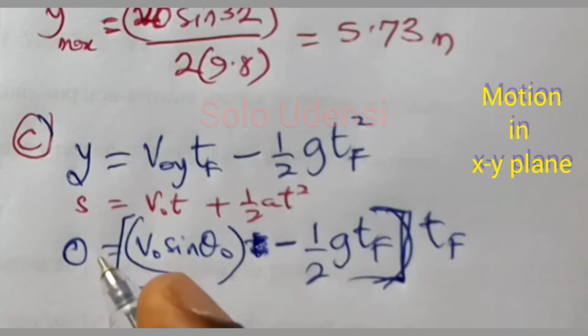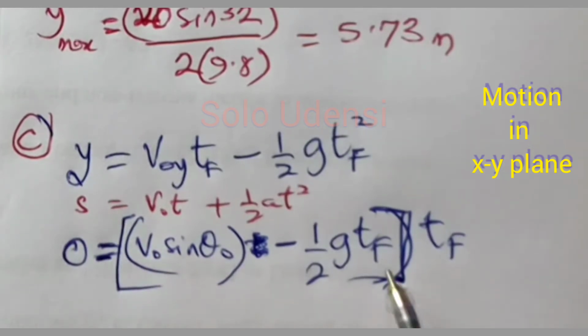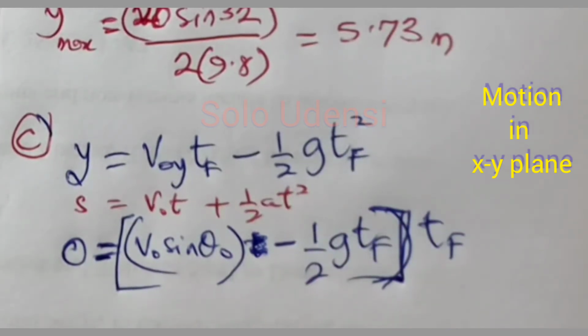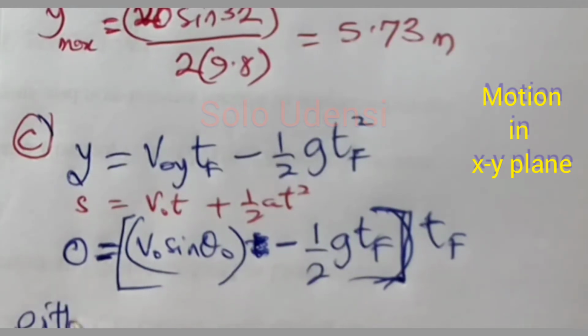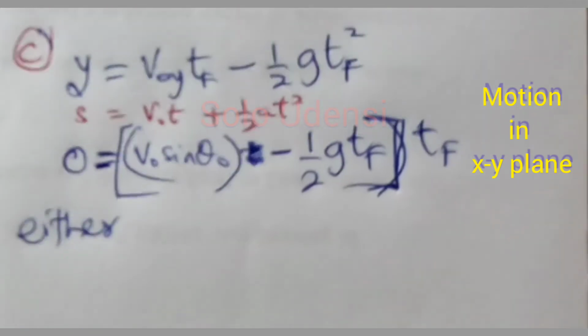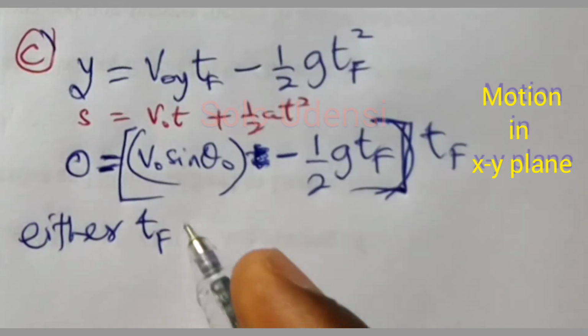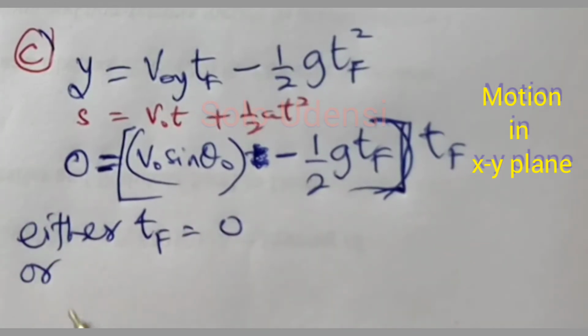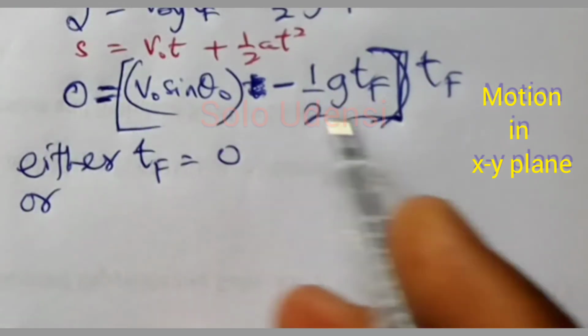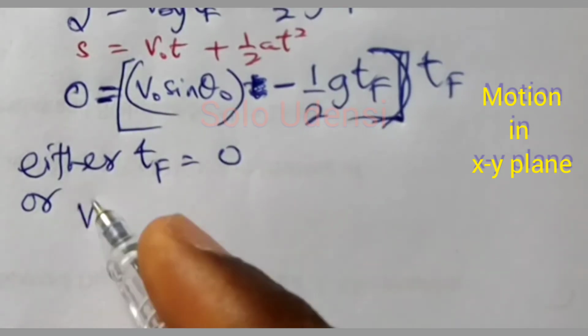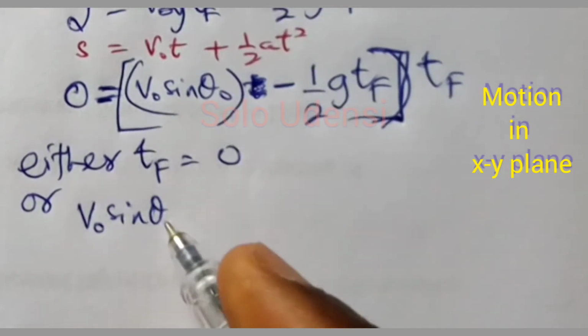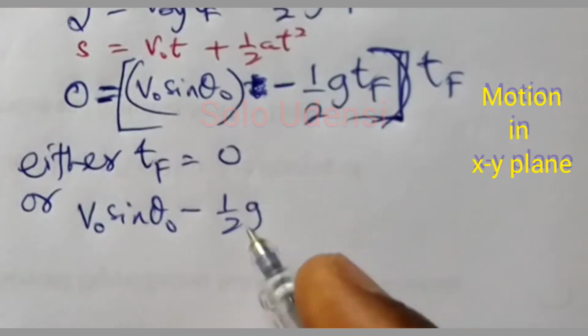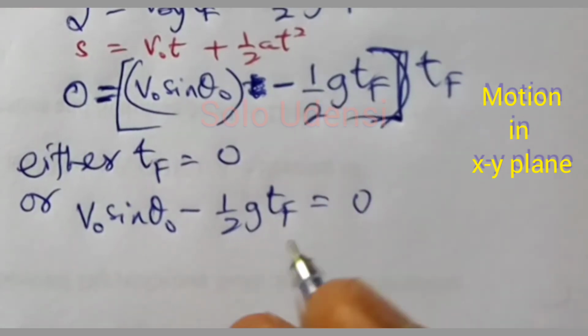You know this is a quadratic equation, so that either t f is equal to 0, or this whole thing in the square bracket is equal to 0, or v naught sine theta naught minus half g t f is equal to 0.